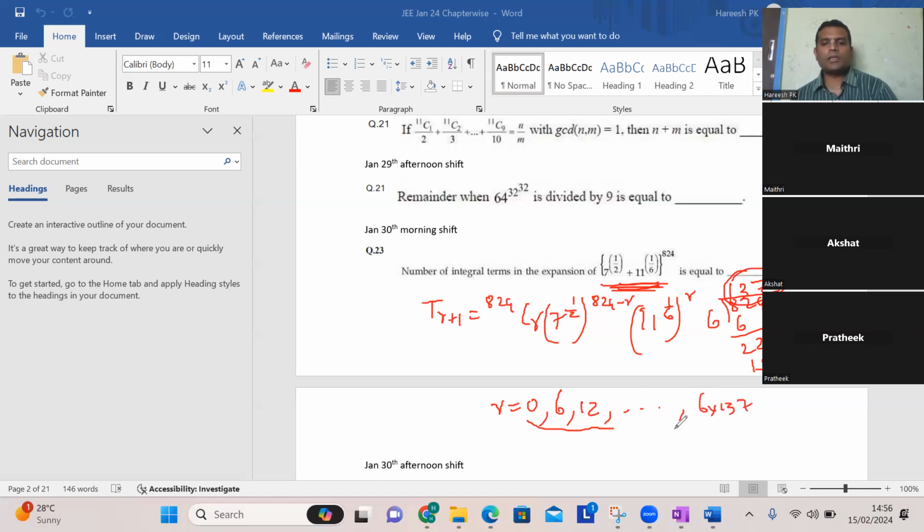So, how many terms are there here? This is 6 into 1, this is 6 into 2. So, how many terms are there here? 138. 138 terms. So, 138 are integer terms. So, from 825, which is the total number of terms, subtract 138.